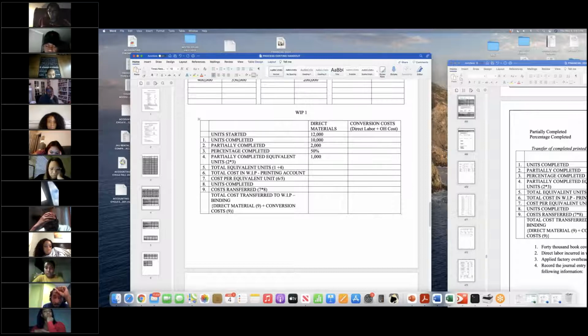If you remember when we were working those hours the other day, these units have all the work done so they stay a full share. These units only got 50% of the work, so they only get a half a share, or 1,000. They can't come in at 2, they have to come in at 1. So the total equivalent units is going to be 10 plus 1, line 1 plus 4, or 11,000.